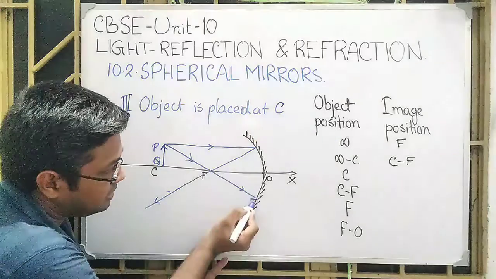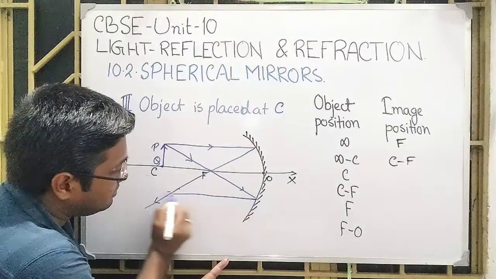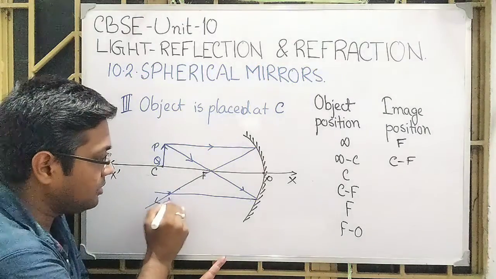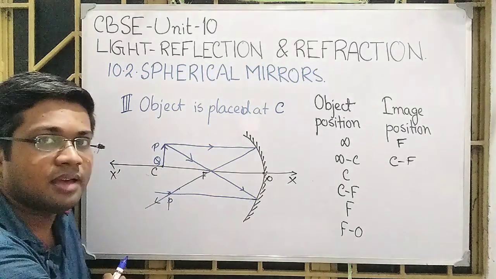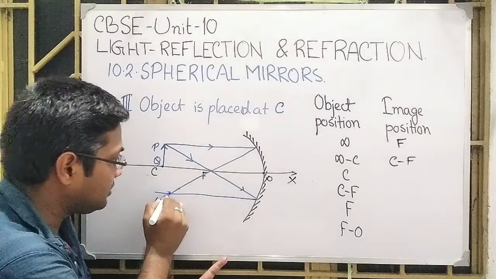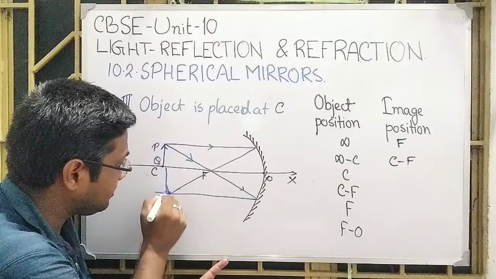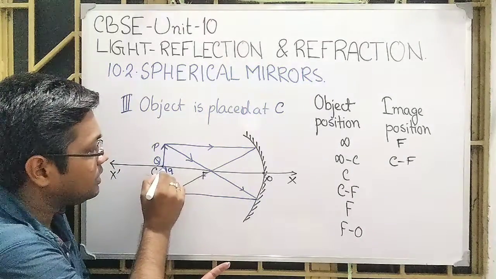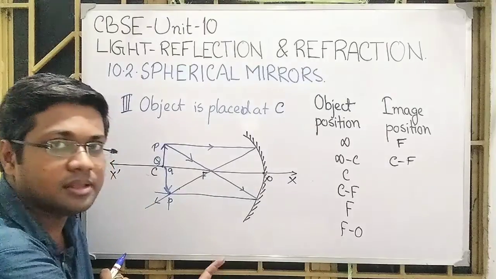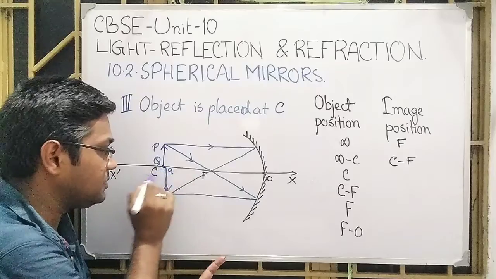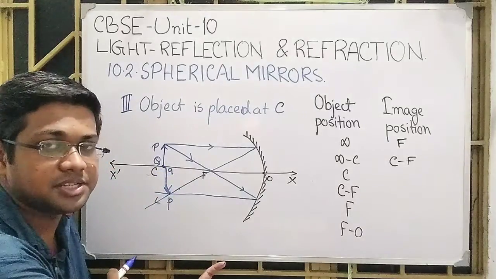the ray here becomes parallel to the principal axis, and small p is the intersecting point of the two reflected rays. And if I draw the perpendicular from the point small p, it will intersect the principal axis at the point Q, which is the C point, which is basically the center of curvature.